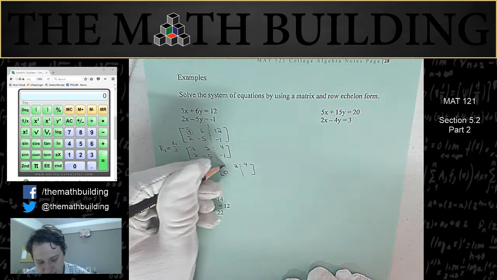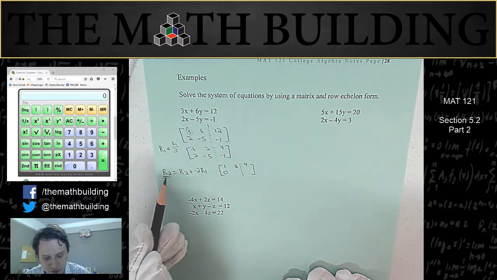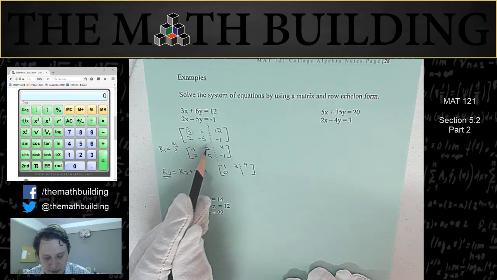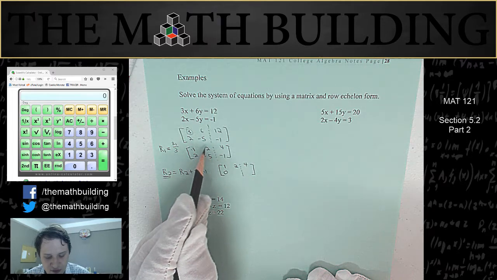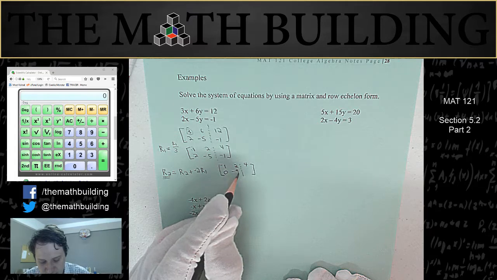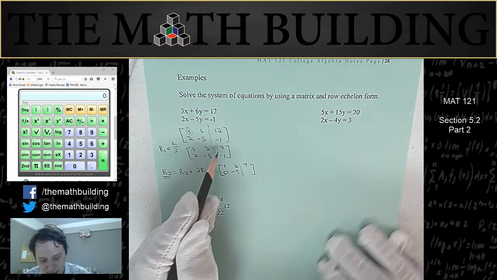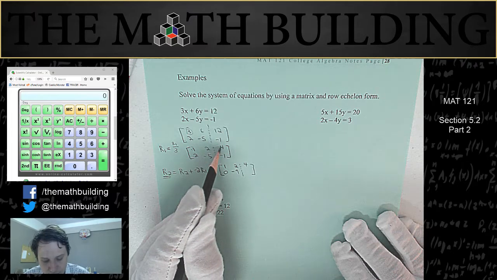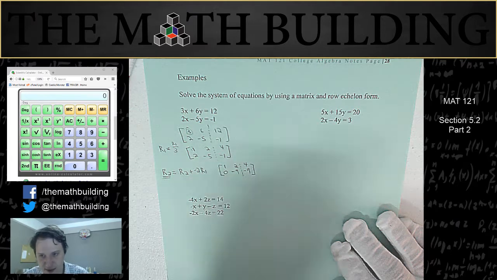That's what we wanted. I know that's kind of tricky, but you'll get it with practice. Let's do the next one. -2 times this number plus this number. -2 times 2 is -4. -4 plus -5 is -9. And the last one, -2 times 4 is -8, plus -1 is -9.